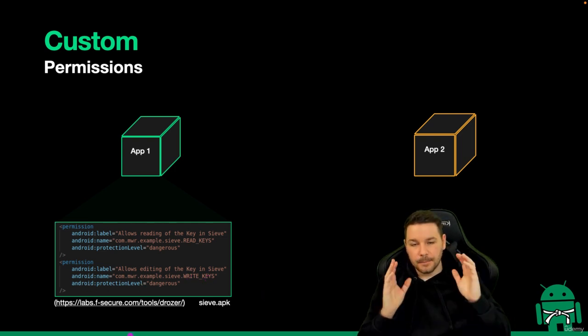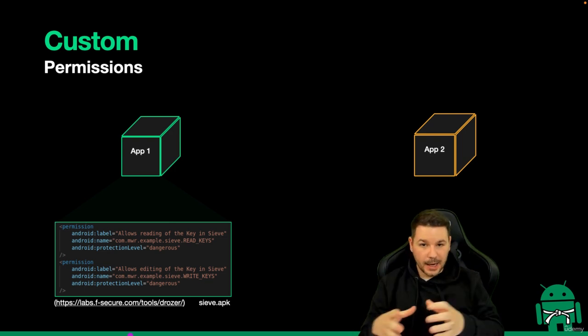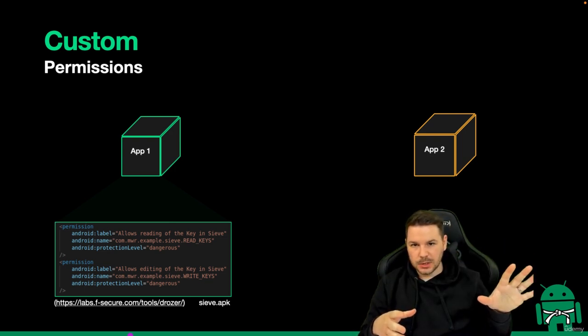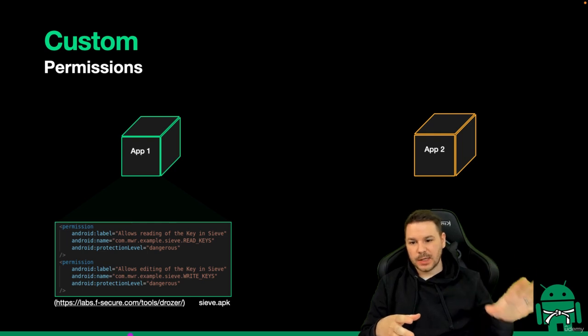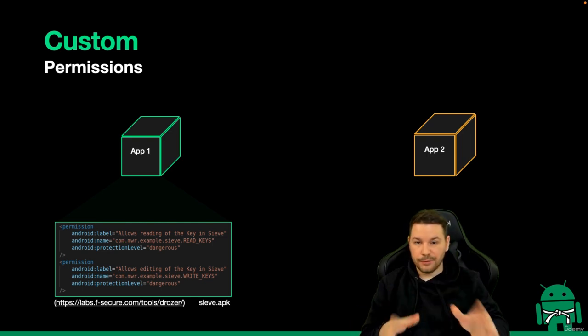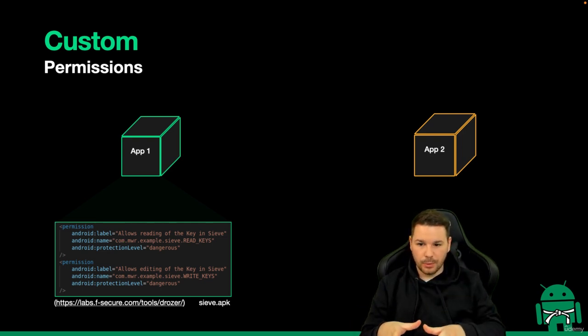Okay, this means application 1 can provide data to all applications, but only the ones having this permission are allowed to interact with these data. Alright? If not, I guess this is absolutely no problem, because when we talk about content provider, and we do this pretty extensively, then this will be a little bit more clear.